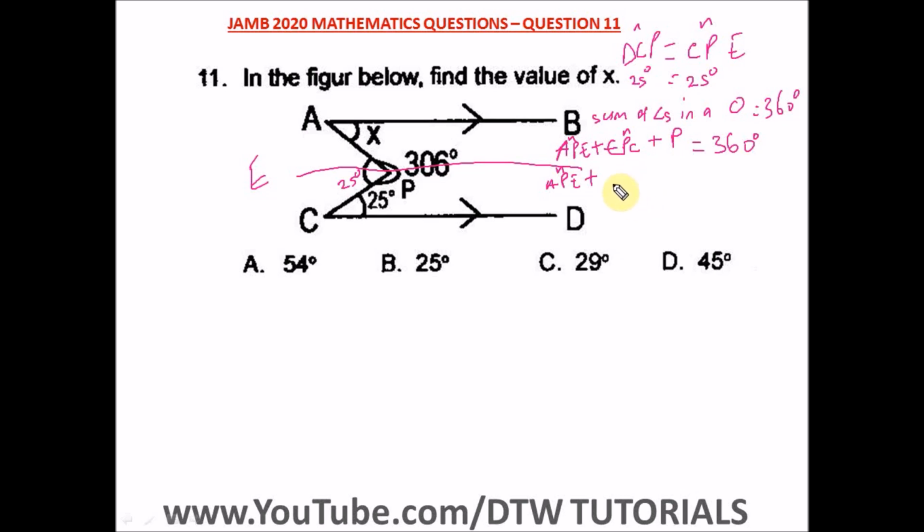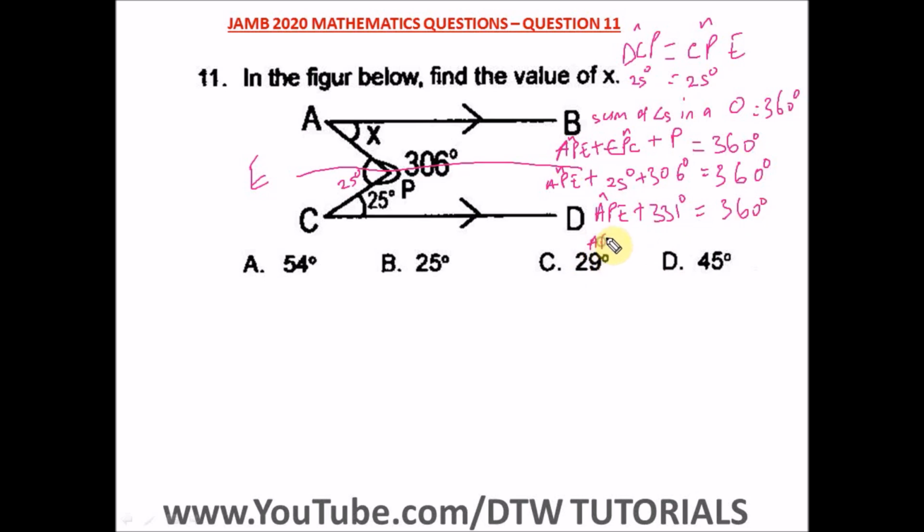So we have APE plus 25 degrees plus 306 degrees equals 360 degrees. So we have APE plus, this will give us, 331 degrees equals 360 degrees.